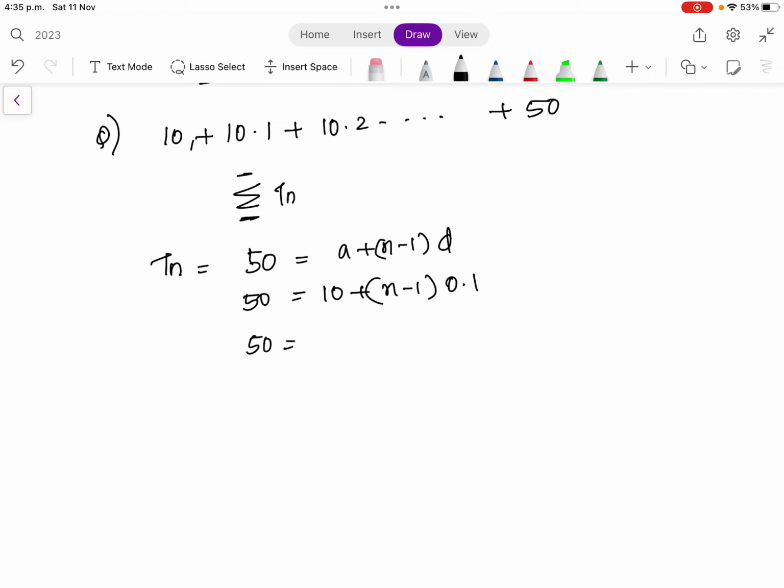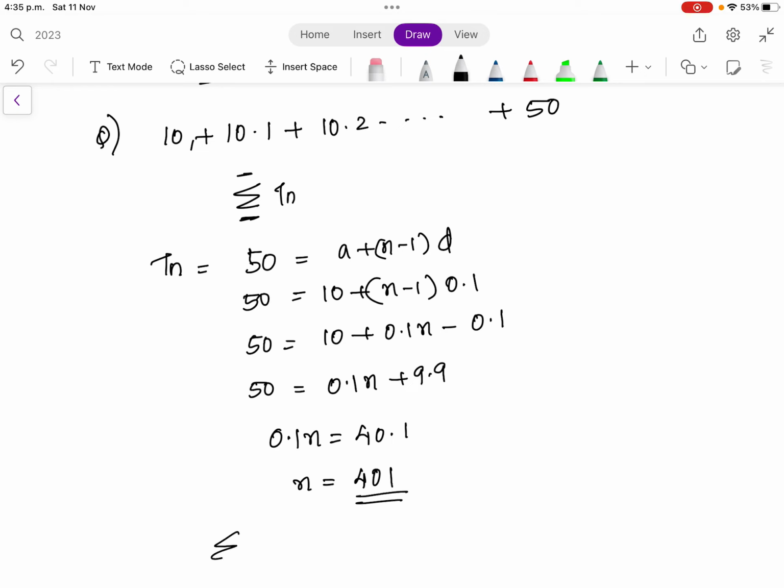So 50 is equal to 10 plus 0.1n minus 0.1, that is equal to 0.1n plus 9.9. So 50 equal to 0.1n plus 9.9, and 0.1n is equal to 40.1, and n will be equal to 401.